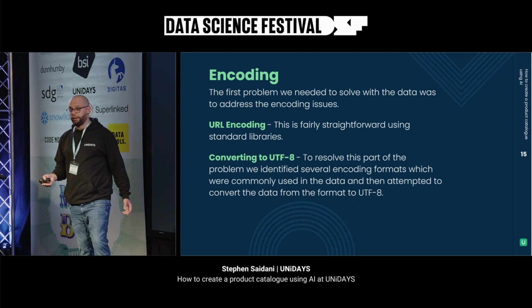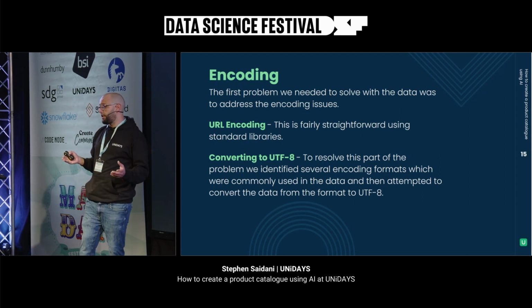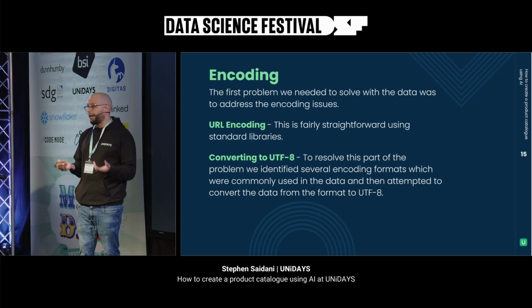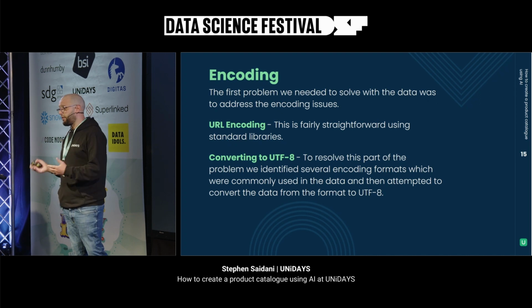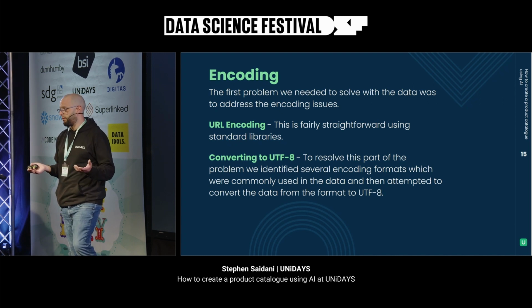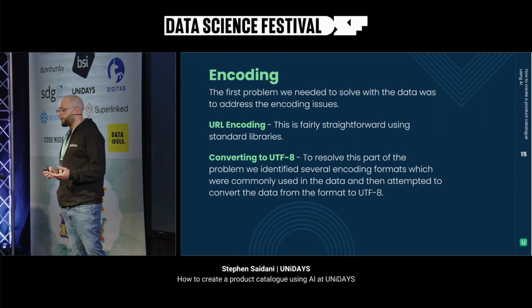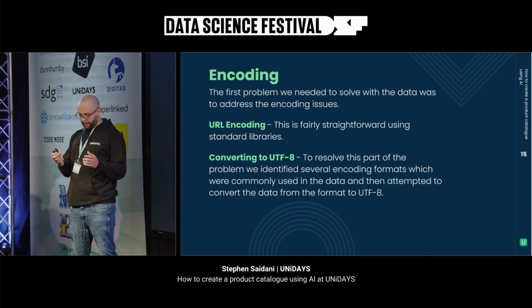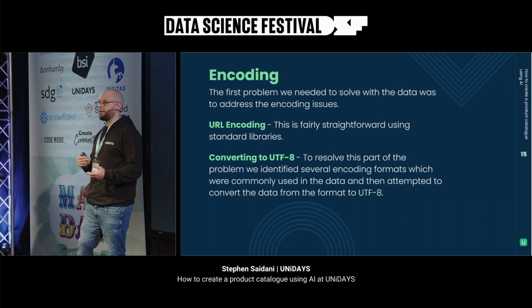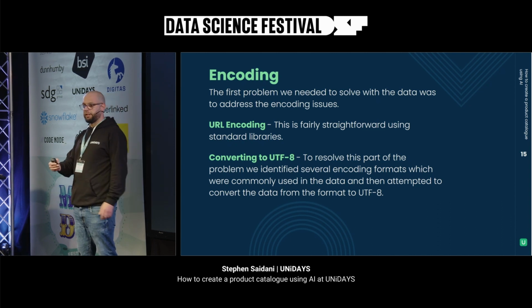The first is URL encoding. I honestly don't know why some of these brands were URL encoding text strings and providing it to us, because they weren't in URLs, but they were doing this. Just for anybody who doesn't know what URL encoding is, it's transforming certain characters to allow them to be transmitted across the internet.